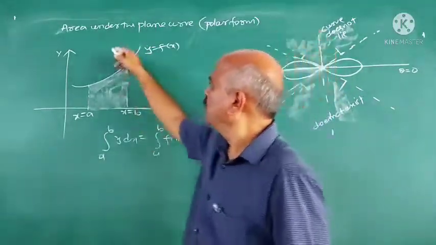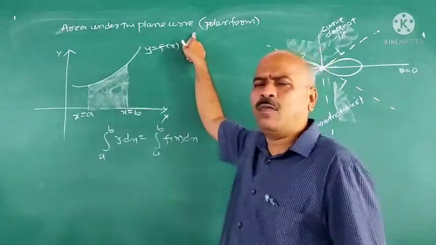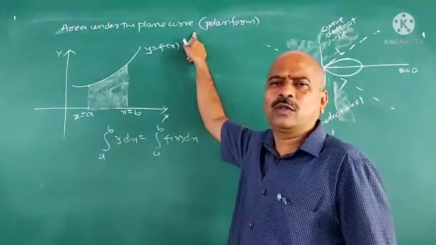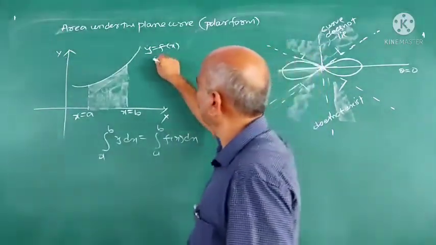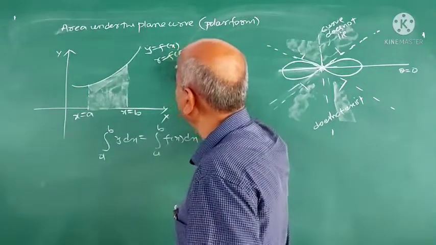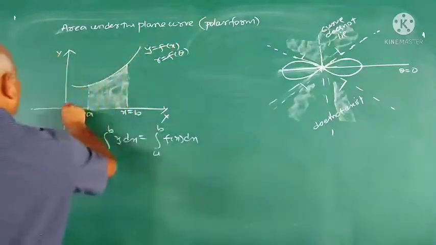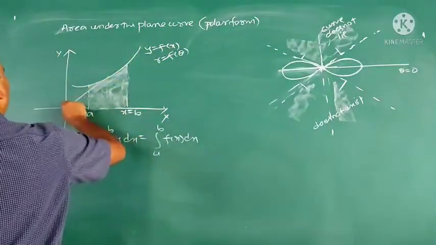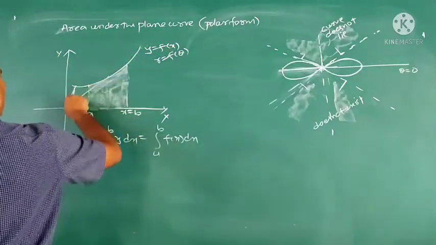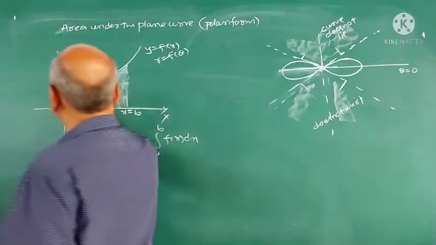Now we derive the formula for area under the polar curves. Suppose the equation of the curve is given as r is f of theta, and we have the area bounded by the two radii vectors and the curve.